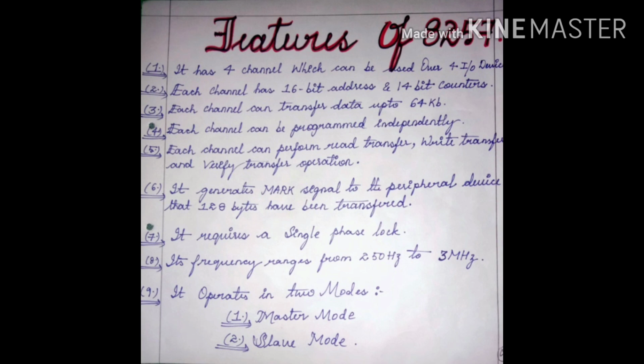Second, each channel has a 16-bit address and a 14-bit counter. Each of channel 0, channel 1, channel 2 and channel 3 has a 16-bit address and a 14-bit counter. Each channel can transfer data up to 64 KB.